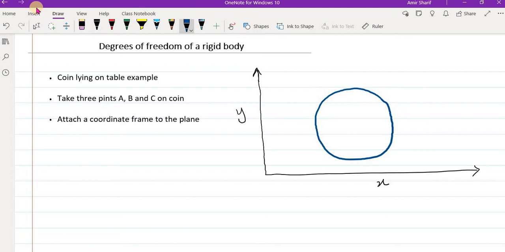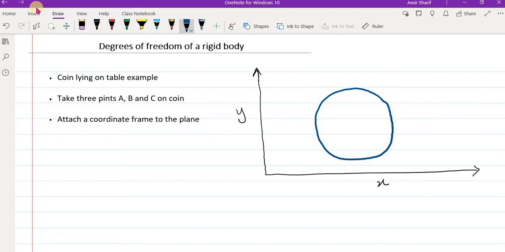So what next we have to do is take 3 points A, B, C on the coin. Just to make it clear why we are doing it. We want to find the degrees of freedom of this coin that is laying on the tabletop.